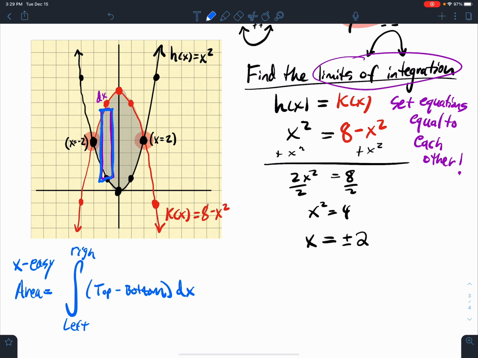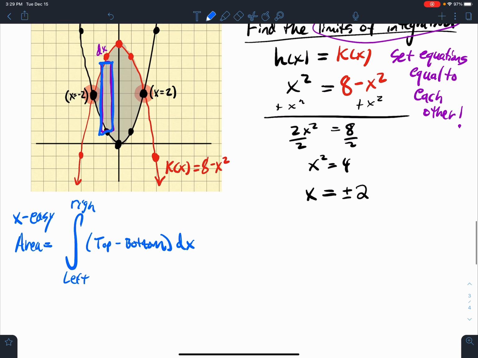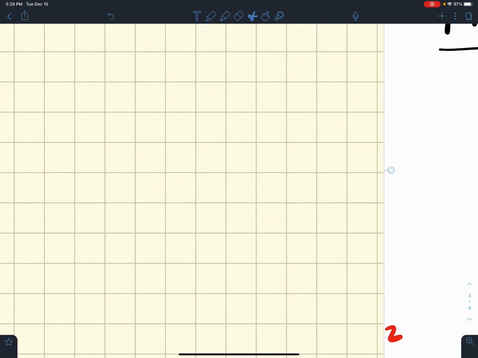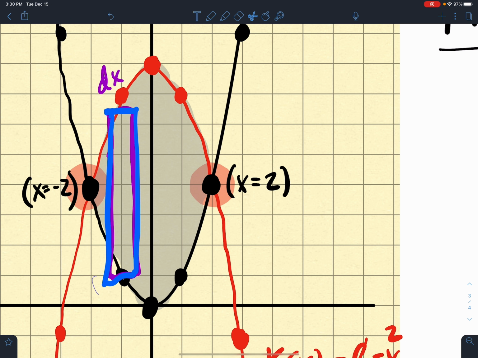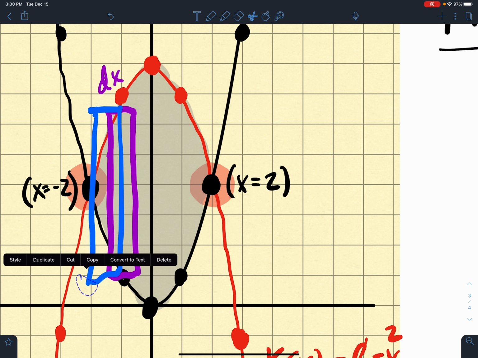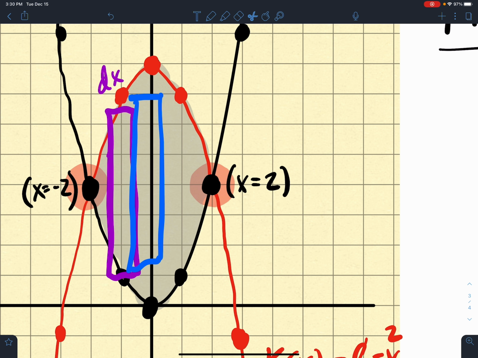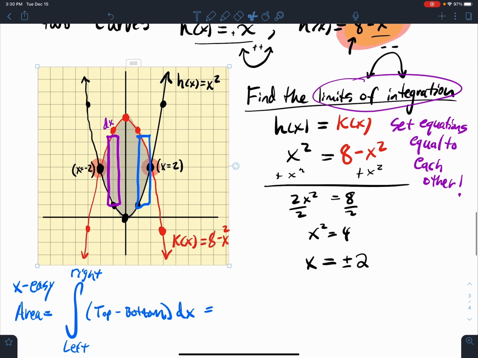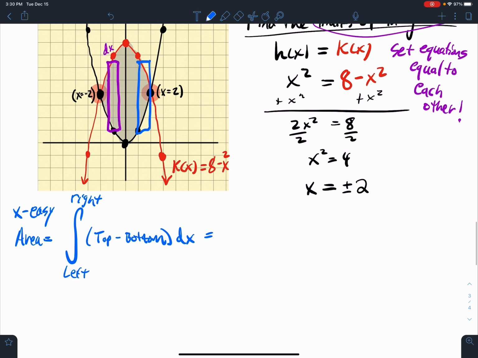How do we know it's x easy? From our arbitrary rectangle. And so from left to right, the most left rectangle that I'm going to have starts with x equals negative 2, and then the most right rectangle goes to x equal to 2. Okay? So integral from negative 2 to 2.